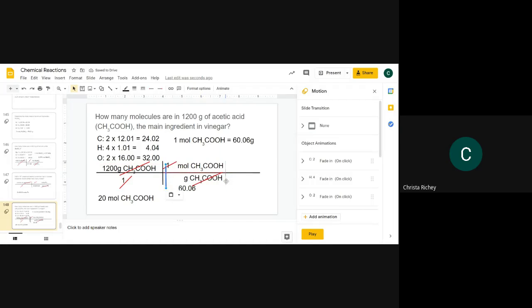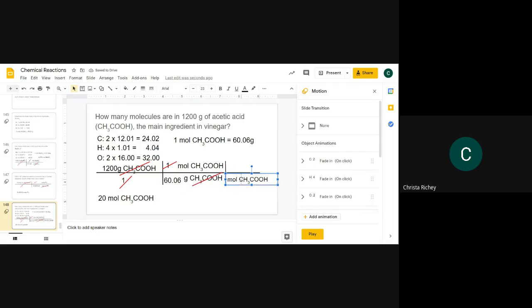All right, so I need another separation bar. Originally, you guys are just trying to write down all the answers. So we're going from grams to moles, but the question doesn't want me to go to moles. What does it want me to go to? Molecules. So I'm going to bring moles down. Let me make it smaller.